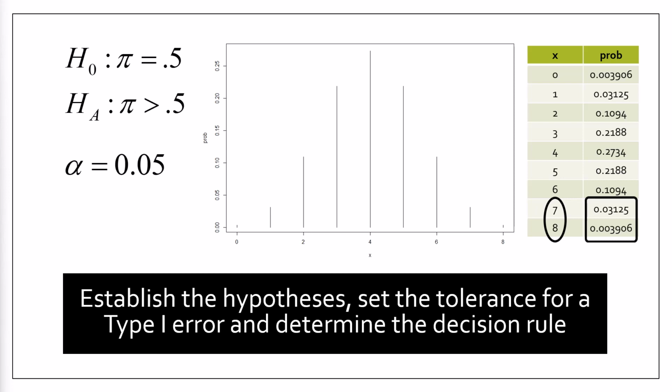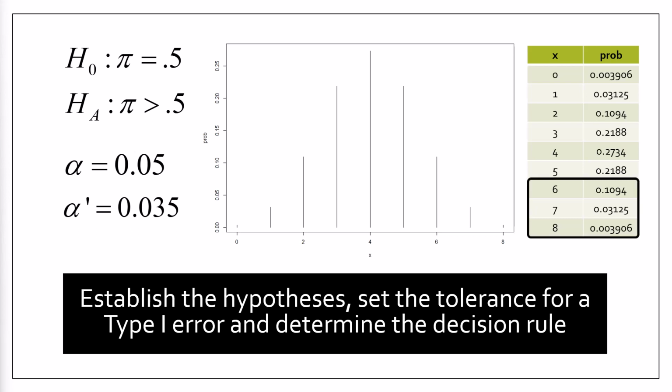Note that if I add up 7 and 8, I will still be under 0.05. Specifically, I'll be at about 0.035, and that is under 0.05. And so 7 and 8 are going to be in my rejection region. Why not 6? Well, look what happens if I add 6, 7, and 8. Then I'm well over 0.05.